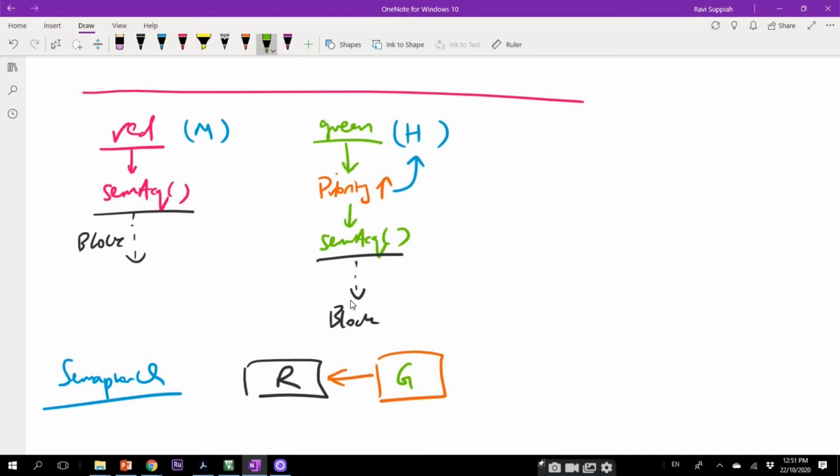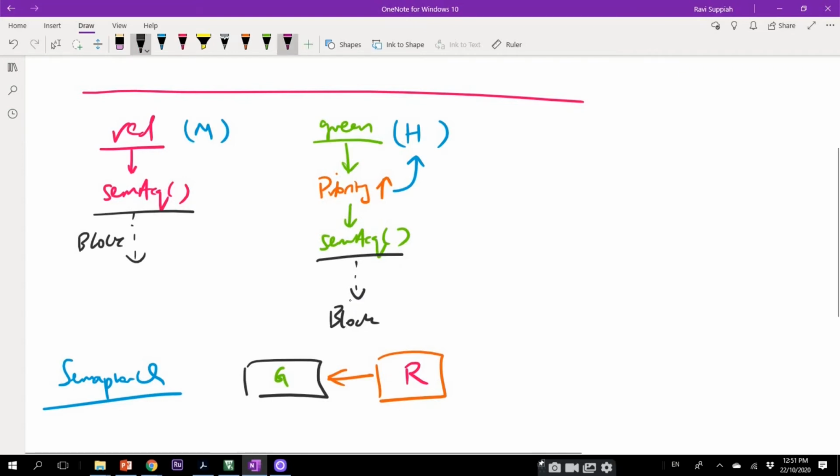But the thing is, the green LED thread is now higher priority, so the green LED thread would overtake the red LED thread to be first in the queue. The red LED thread will be pushed back because the green LED thread is now higher priority, and it is now trying to do a semaphore.